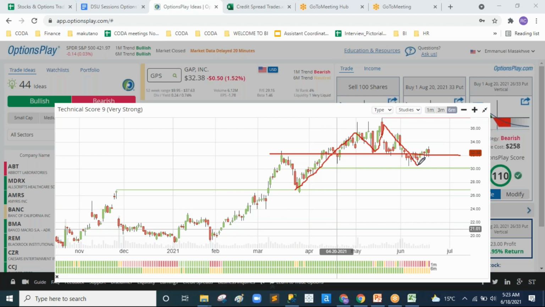It may have broken this resistance level and is retesting it to continue moving downward. There's that possibility. Or it has come to test this resistance level, failed to go beyond it, and is moving back upwards.